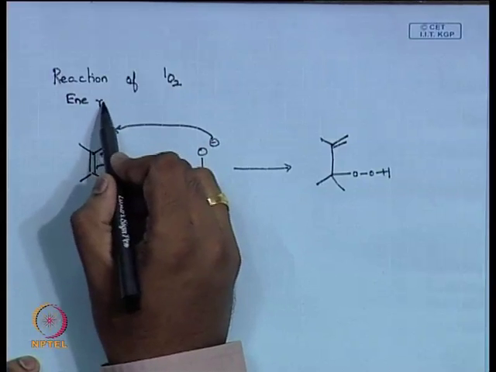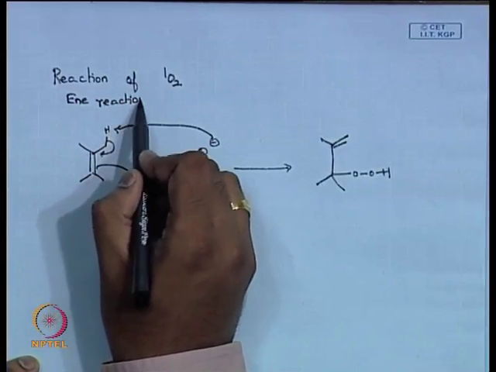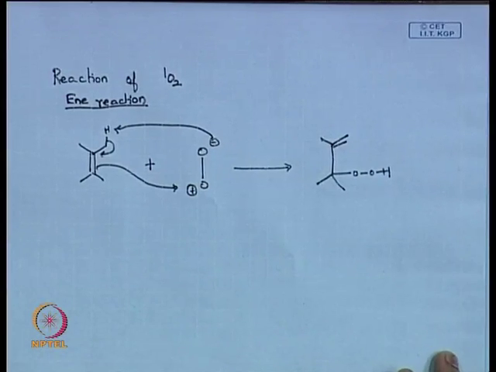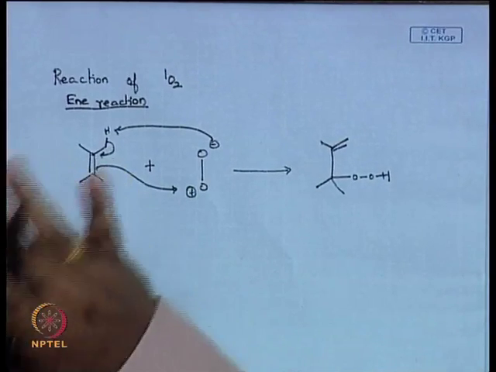You can see a lot of ene reactions happening with singlet oxygen. Very good example for ene reactions. There are many examples, a lot of examples where singlet oxygen does ene reactions.